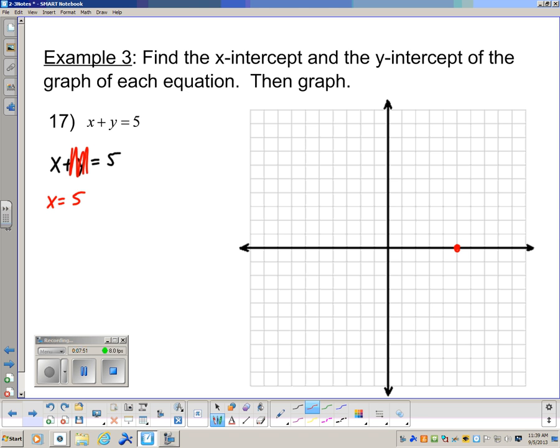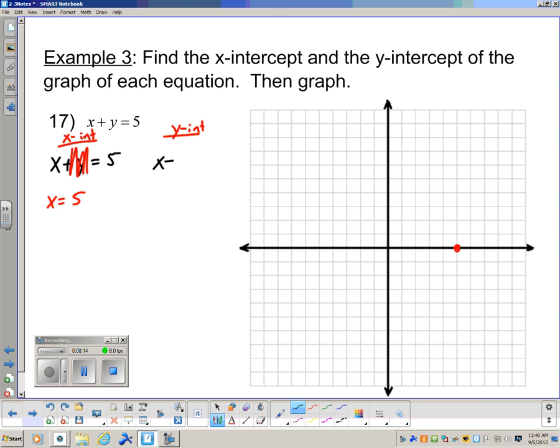And then the same thing if I want to go ahead and find my y-intercept. So this is my x-intercept. And now I'm finding my y-intercept. I can cover up my y this time. Sorry, I just did that wrong. Let me do it one more time. I started trying to find my x-intercept again.